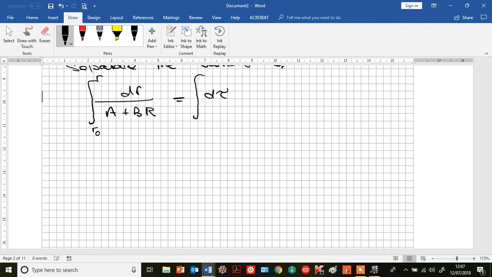Right, okay, and the meteorite starts accreting at t equals 0 and goes up to some time t.